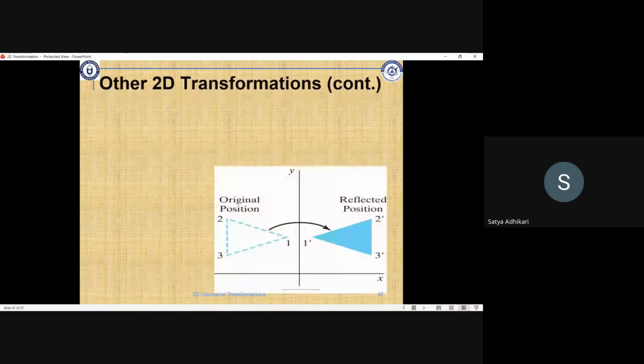Similarly, here the same object is reflected about the y-axis. You see the original position of the object, marked as 1, 2, 3, depicted by the dotted line.